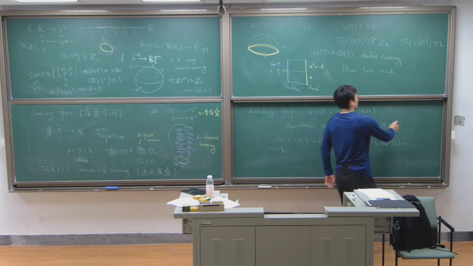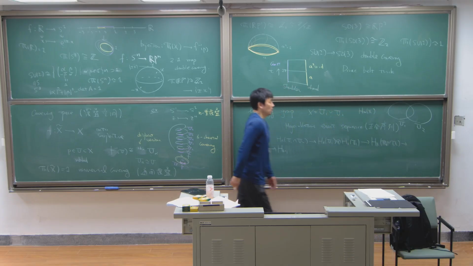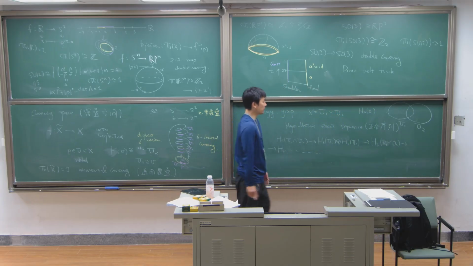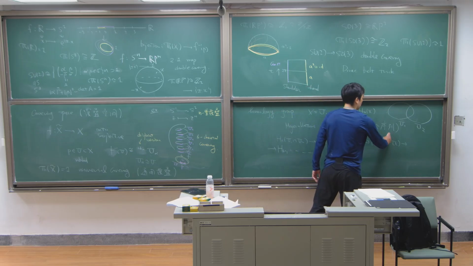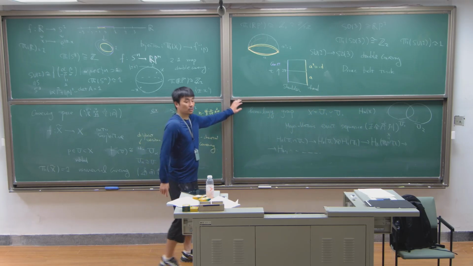So if X is the union of U1 and U2, then you can have an exact sequence to compute X itself. That's what we saw previously.